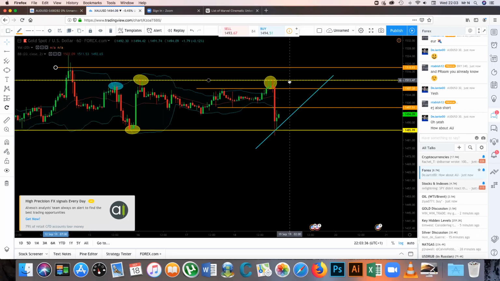It might not have to hit it, but at least I've got something where I'm expecting it to go. Not all the time do I let it hit take profit. Sometimes I do, sometimes I don't. If you're satisfied with your profit, then call it quits and go about your day. So it doesn't always have to meet take profit, but that's entirely up to you.